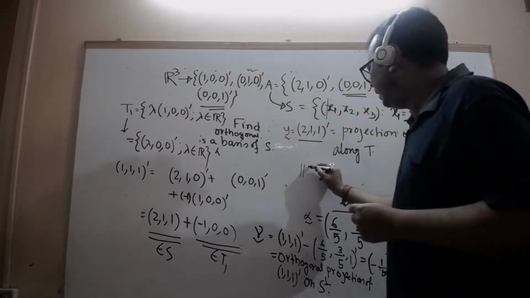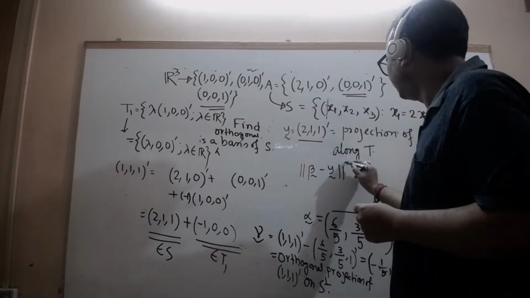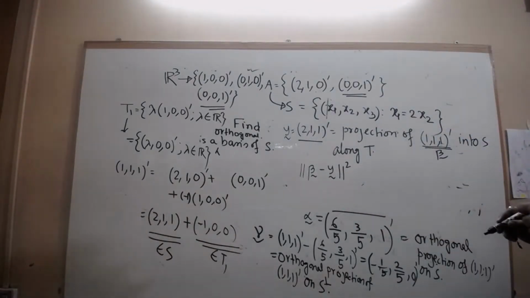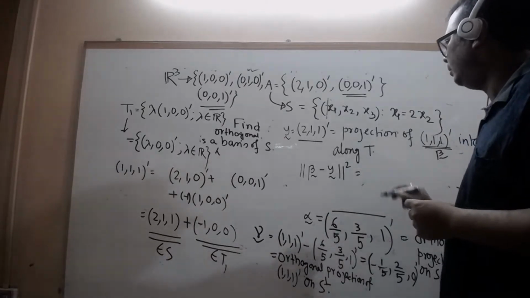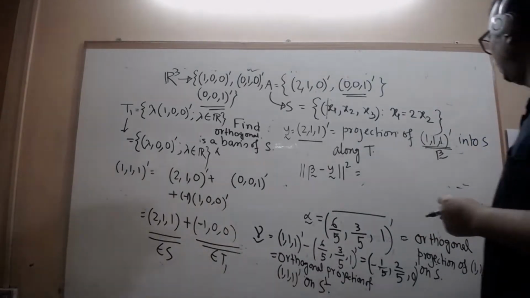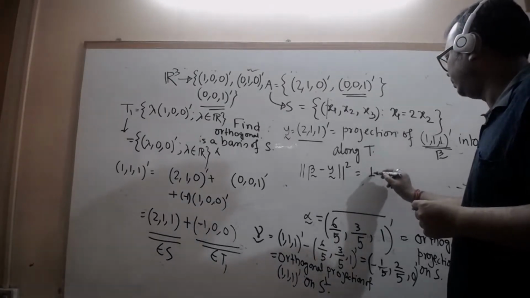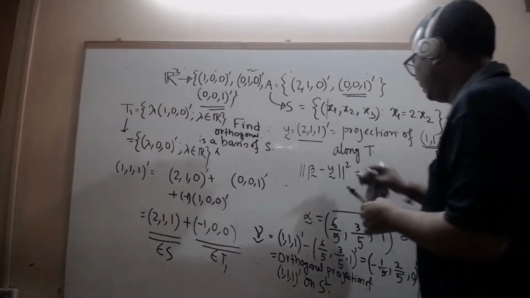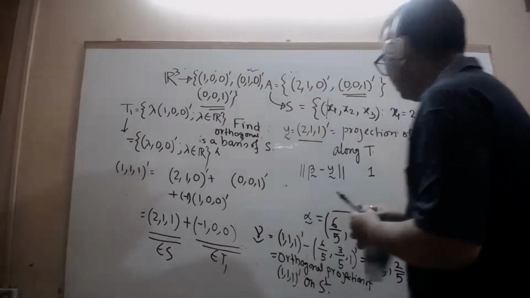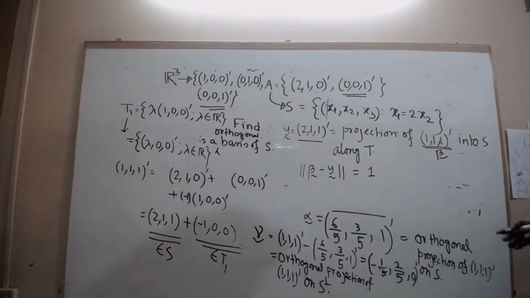So take the norm of beta curve minus y curve. So this gives you what? So this is simply 1. Square root of 1 is again 1, so this is 1.